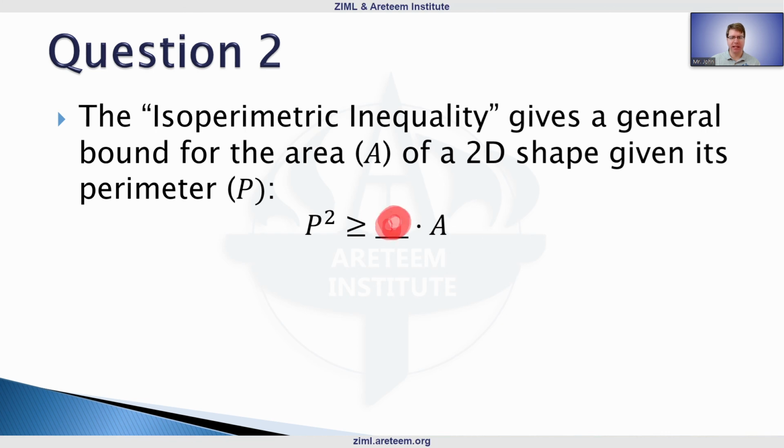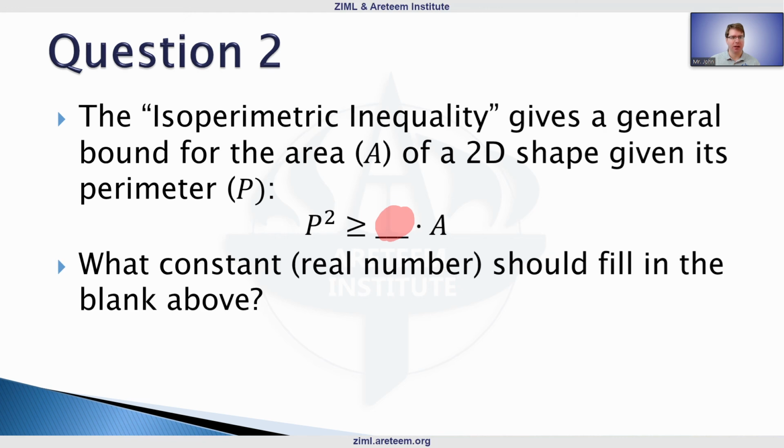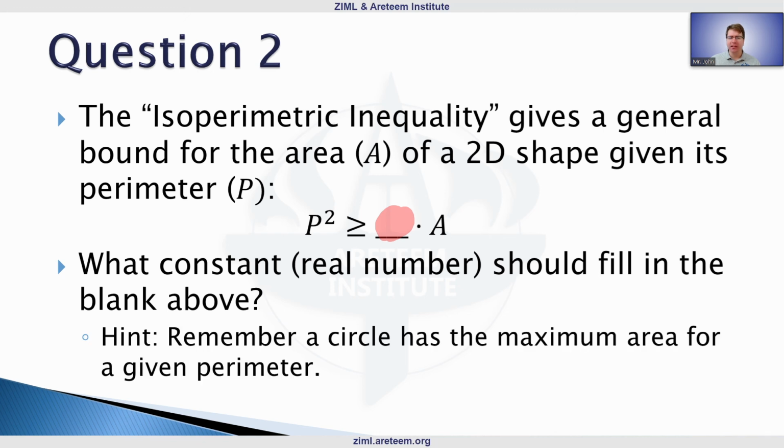There's a missing thing here that I want you to try to figure out for next week's video. So what real number constant should fill in this blank? As a quick hint, remember we know circles. I just told you that circles have the maximum area for a given perimeter. So try to use that fact as an example to help you figure out this bound.